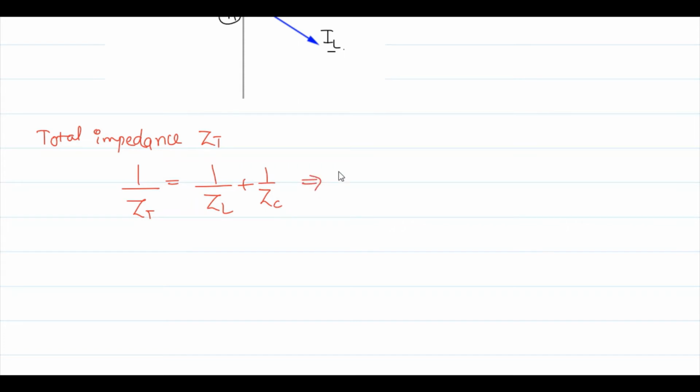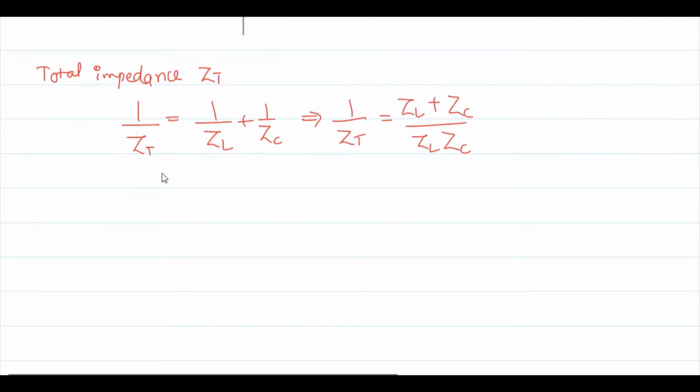Now 1 by ZT is equal to ZL plus ZC divided by ZL into ZC. So the total impedance ZT is equal to ZL ZC divided by ZL plus ZC.